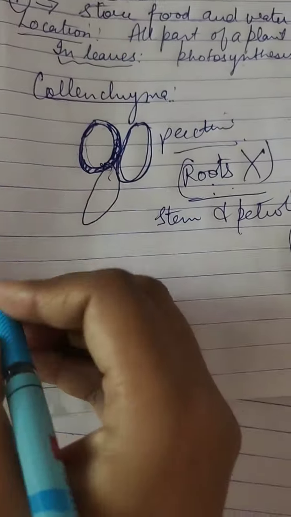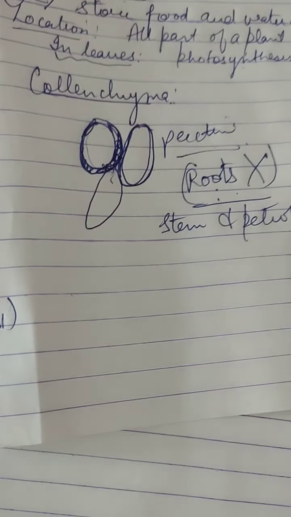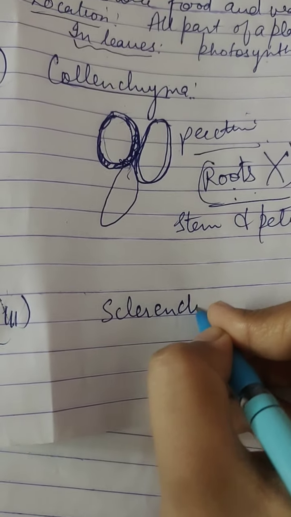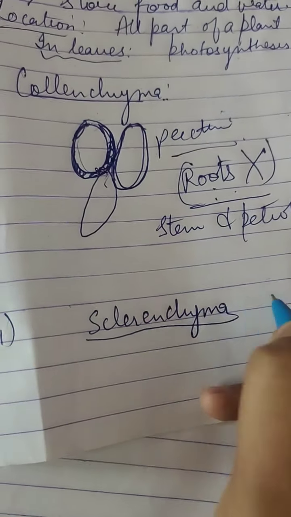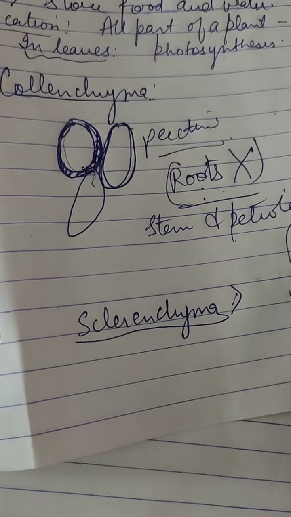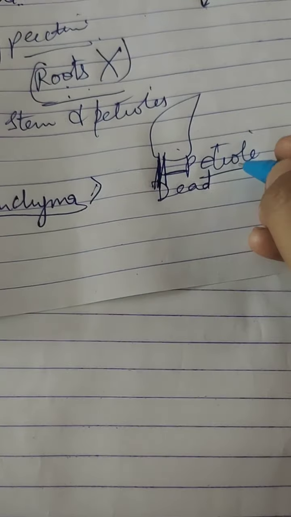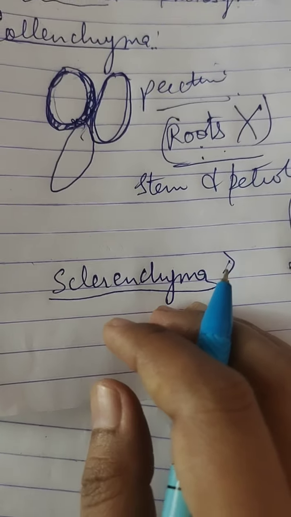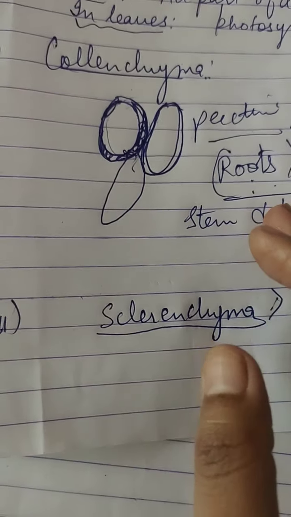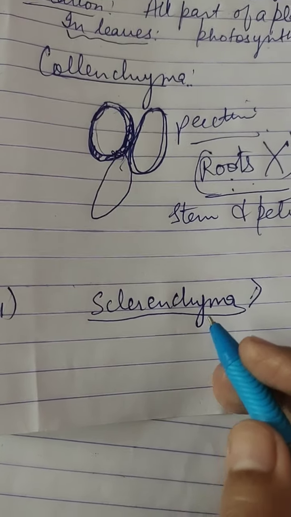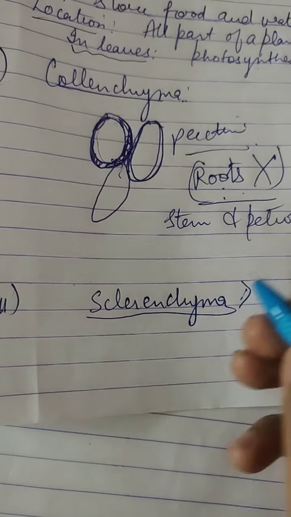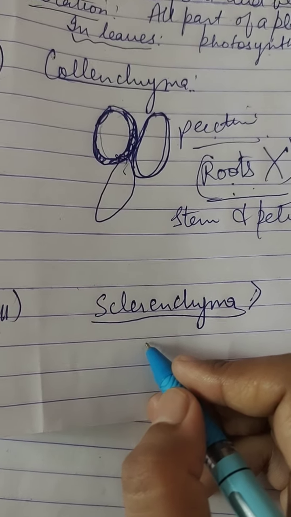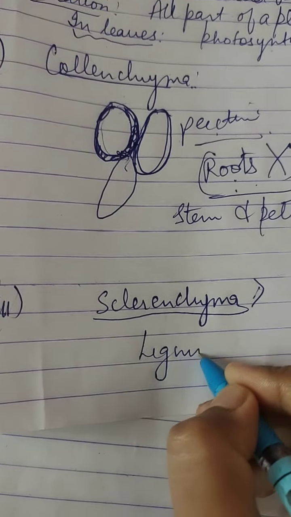Now the last type of simple permanent tissue is sclerenchyma. It is made up of dead cells, and there are no intercellular spaces, like the collenchyma, and the cells have pointed ends. Here there is a presence of a substance, but here it is lignin.